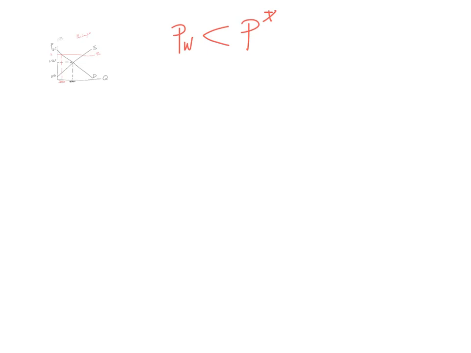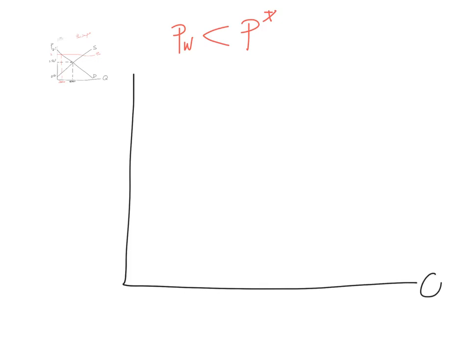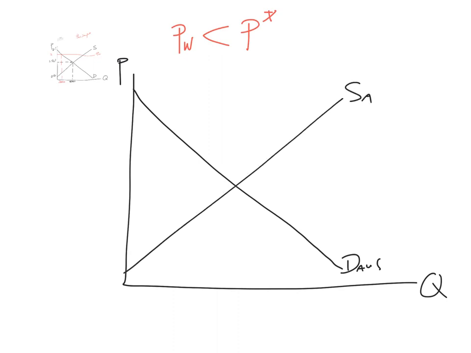So for example, if we draw a graph, quantity, price, and we assume there is no international trade. This would be the demand for cars in Australia. This would be the supply of cars in Australia. And with no international trade, let's say 1 million cars are bought and sold, and the price of the cars would be, let's say, $10,000 each, right?